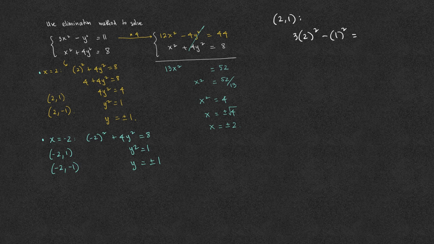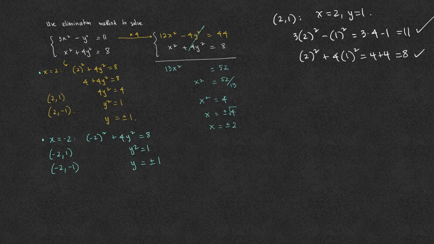This is 3 times 4 minus 1. 12 minus 1 is 11, so yes, this checks out. The second equation is x squared, so this is 2 squared because x is 2, plus 4 y squared, y is 1, and this is 4 plus 4, so this is 8, this checks out. So yes, x equals 2, y equals 1 is one solution.